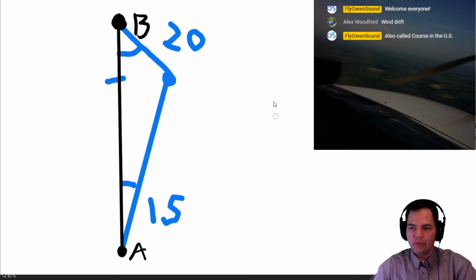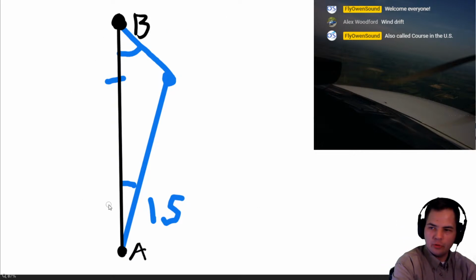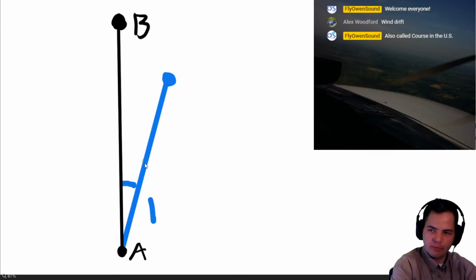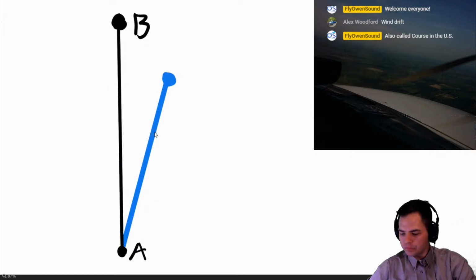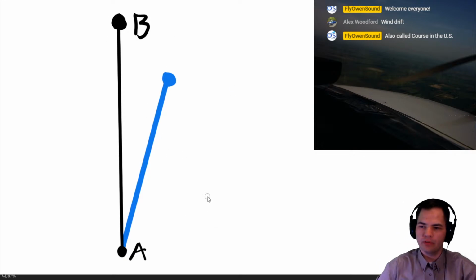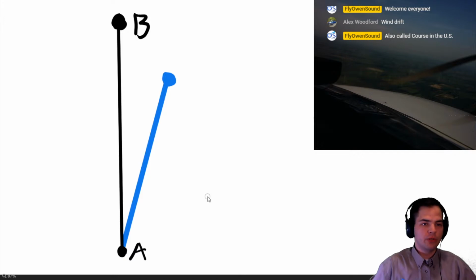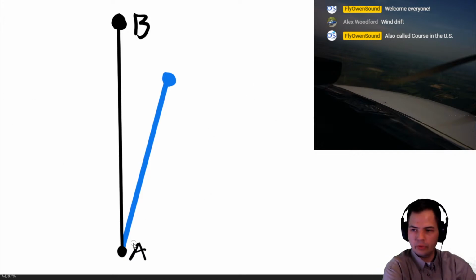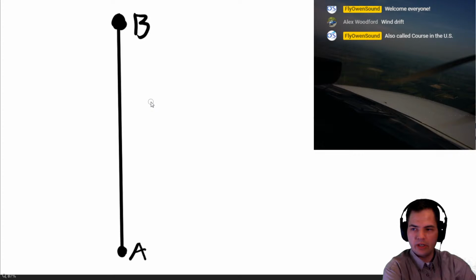So that's the two methods here. Now, how you would prepare your map for that can be quite important, especially for longer trips. That's why people suggest using 10-degree drift lines. How that would work is from your point A here, you would look at the map and draw out little 10-degree drift lines like this with your protractor and get them all nice and accurate, better than I did.